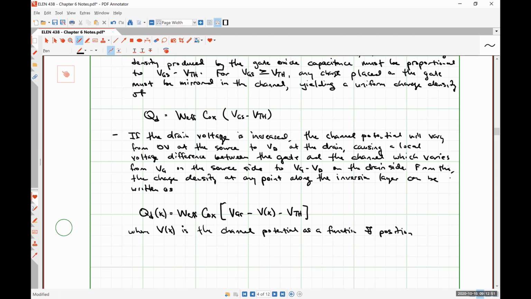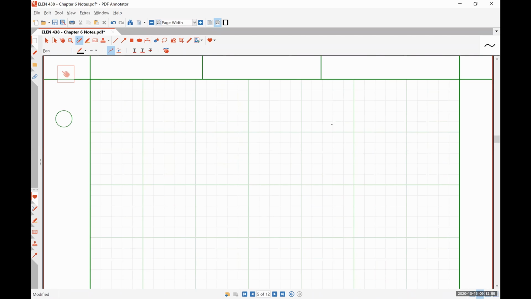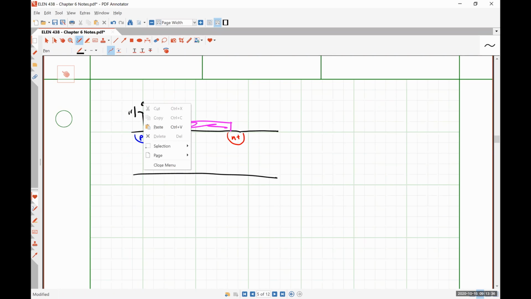So if we look at this graphically, where this is grounded, so that's our body. Here's our source.